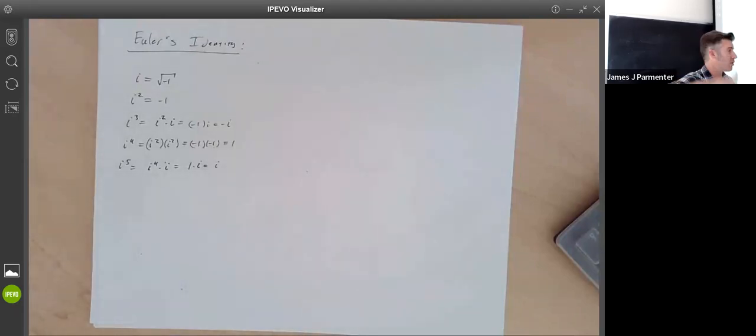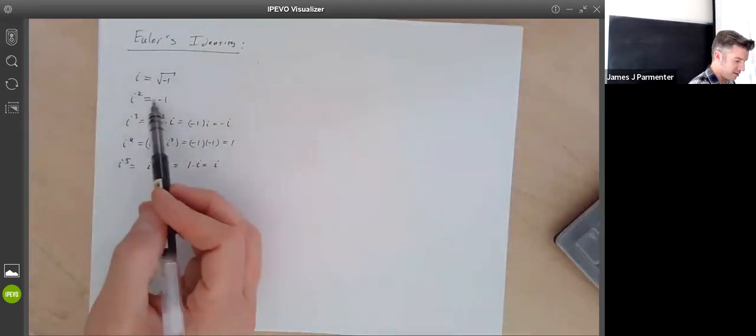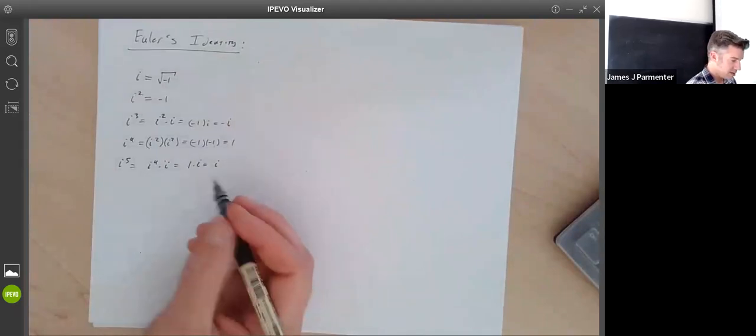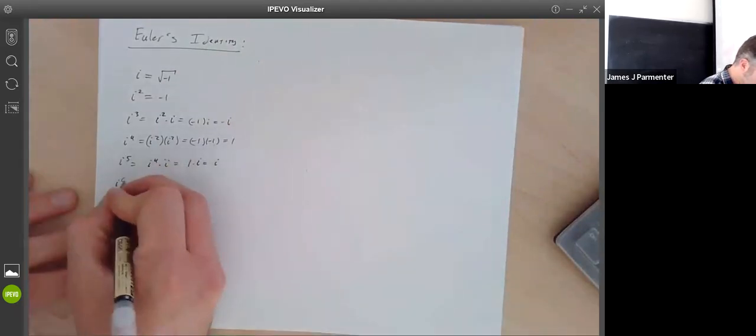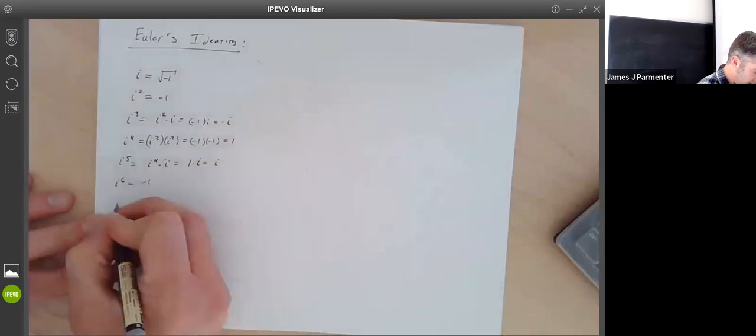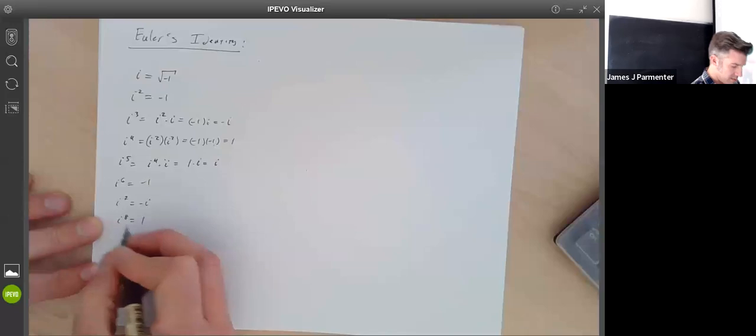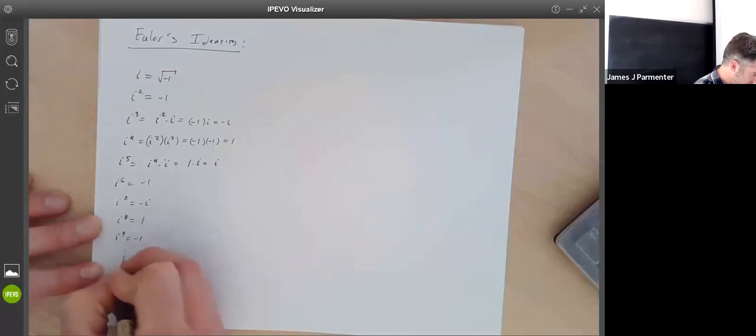If you do this 4 times, you get back to where you started. The same thing is true here. If you multiply i by itself 4 times, you get back to where you started. So i times i is -1, times another i is negative i, times another i is +1, times another i, you're back to i. It keeps going: i to the 6th is -1, i to the 7th is negative i, i to the 8th is 1. Boom, you're back to where you started.